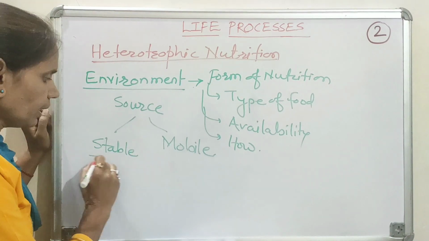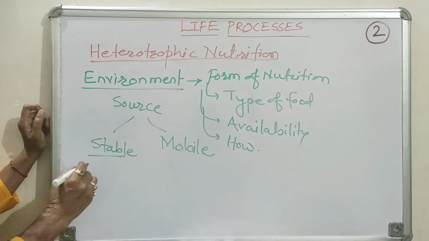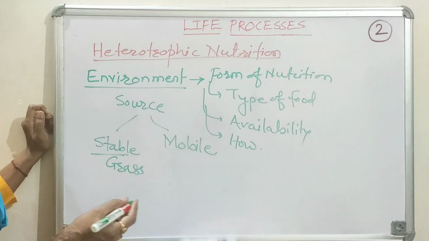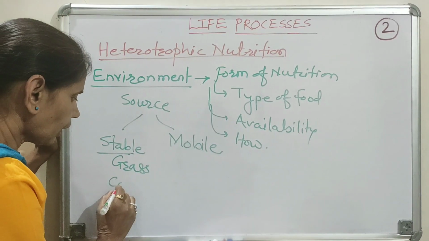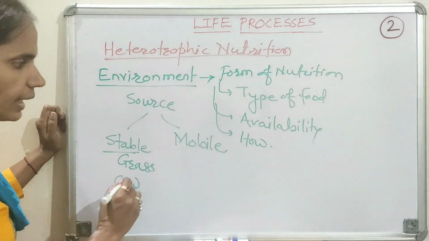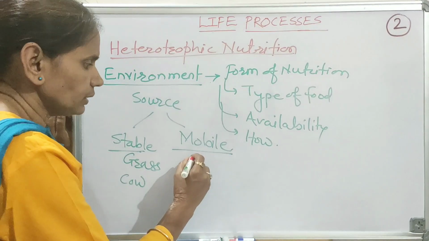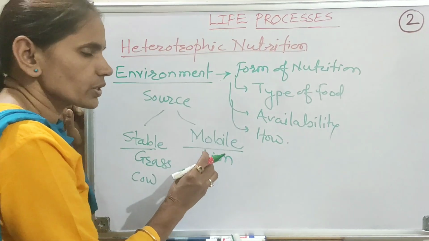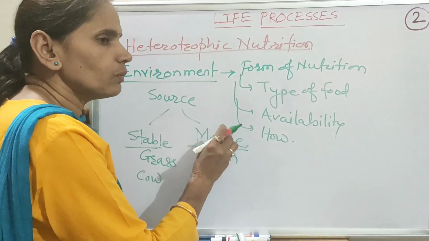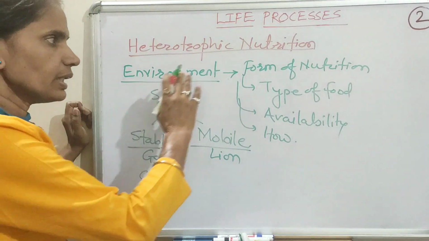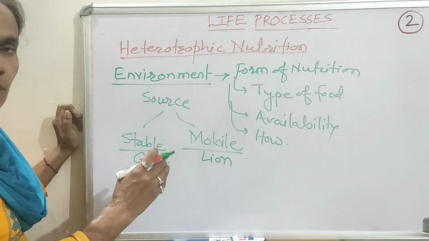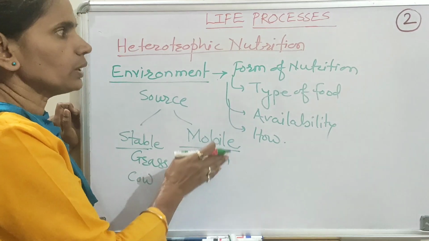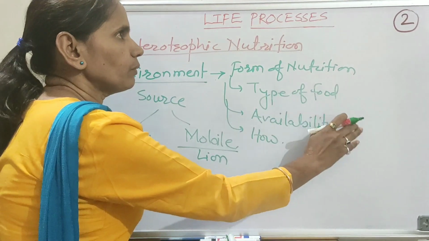For example, if the stationary food source is something like grass, the form of nutrition in a cow will be different from that of a lion or tiger, where the food source is a deer, a mobile food source. So in this manner, the different forms of nutrition in heterotrophs depend on different types of food.